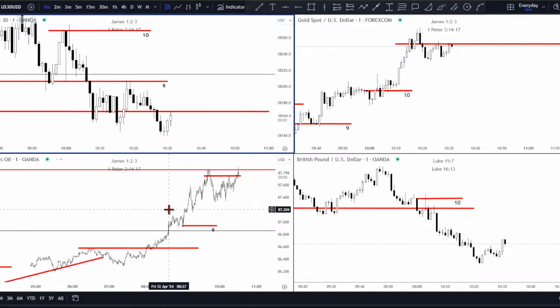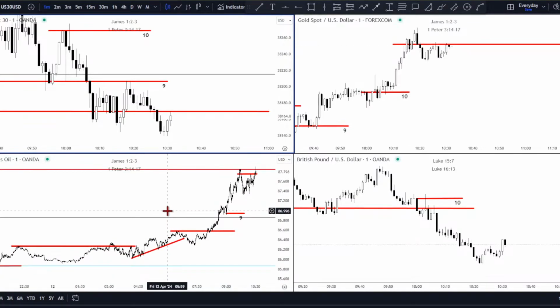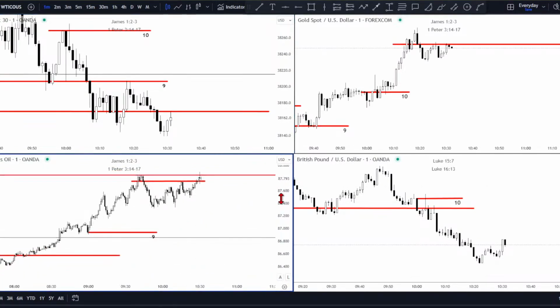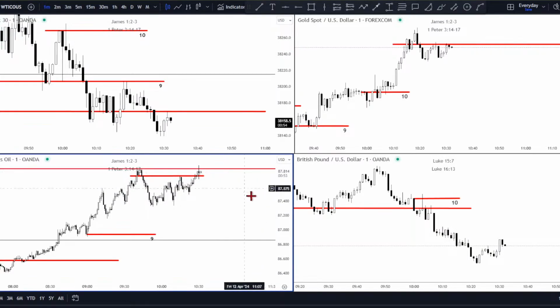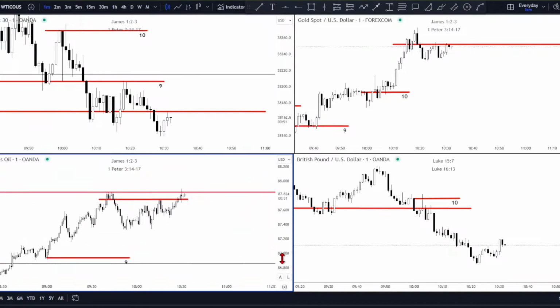Yep, you can see oil's curling higher. Do I still have that line up there? I think that's the line right there, for previous week's high.